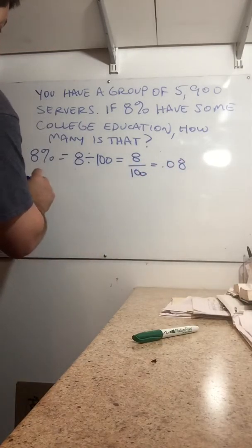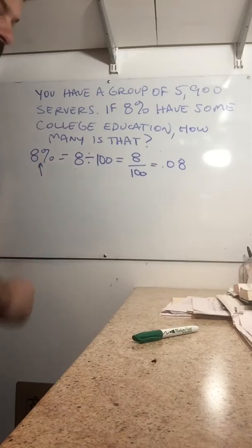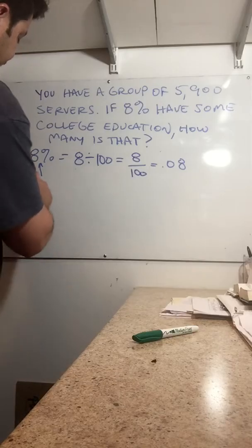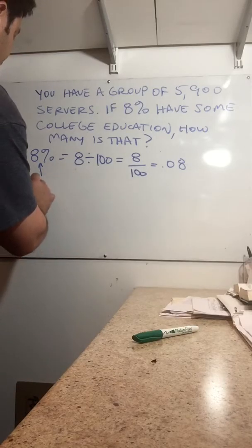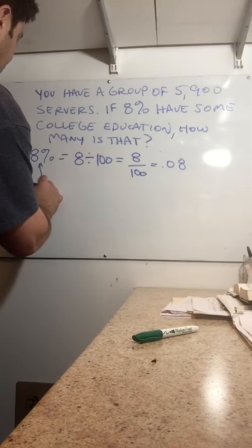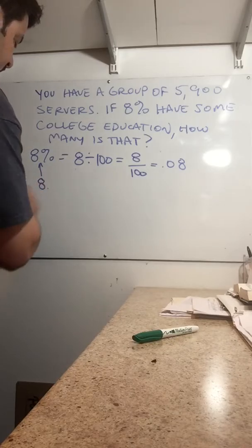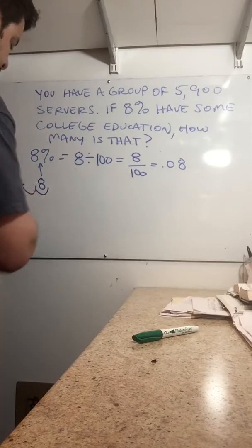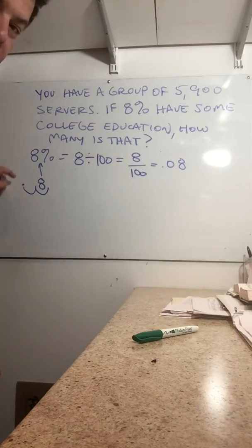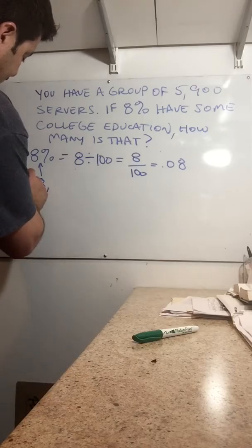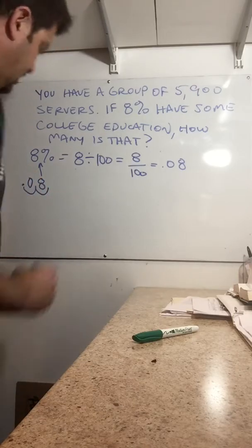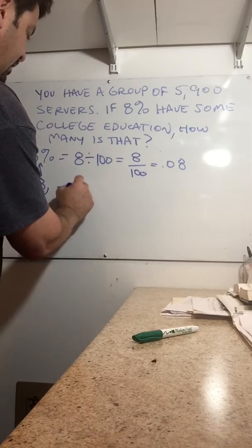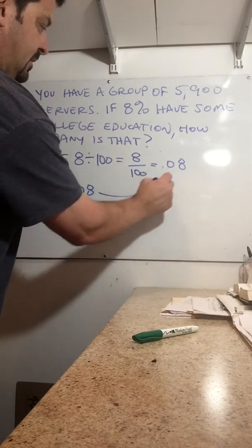The other method was, because the decimal place, if it's not shown, it's always just to the right of the number. The other method would be to go 8, assume the decimal's right there, and move it over 1, 2 places. Put your dot. Well, you got an empty spot here. We got to do something with it. We got to put a 0 there. So using this method, we end up with 0.08. Same thing.